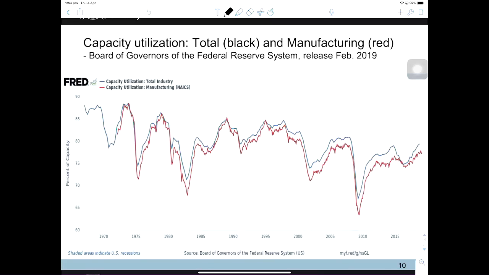Within the data, we have capacity utilization on the vertical axis. It's a measure of how much of the resources of the economy are put into production, including human capital. So this measure is closely related to labor market performance as well, not just economic growth. You will see a few vertical gray areas.